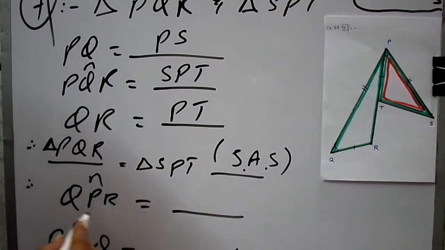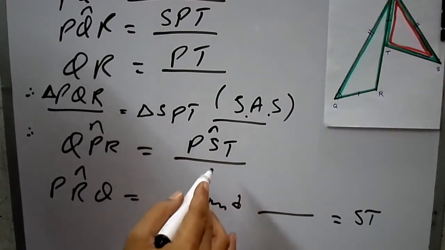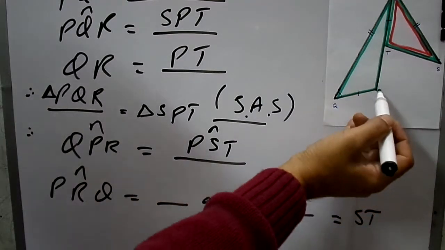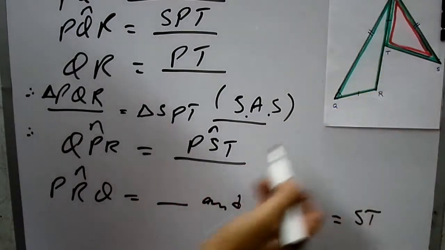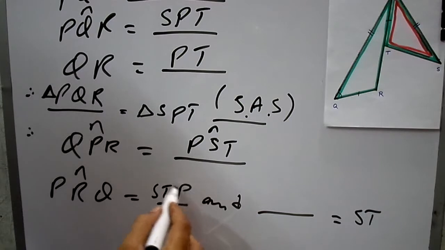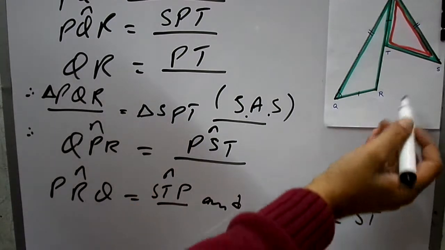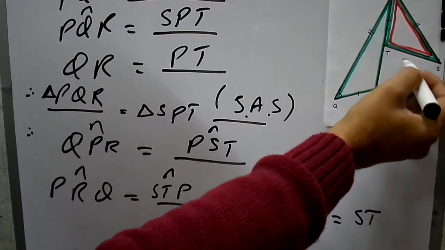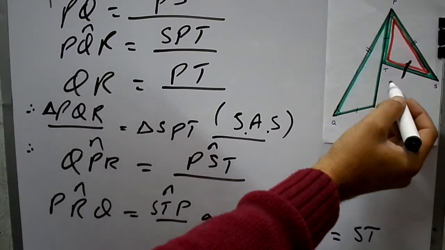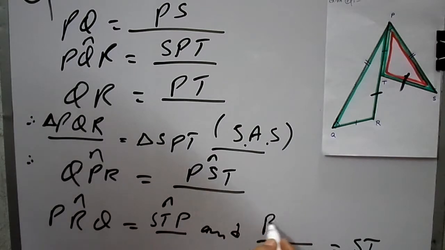Similarly, angle S, and angle R is equal to angle T. So you can write STP, and ST is equal to PR, this side.